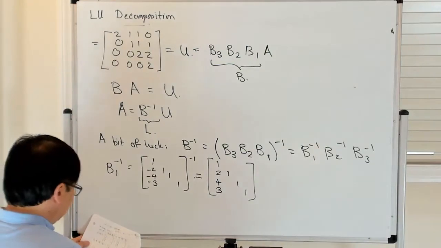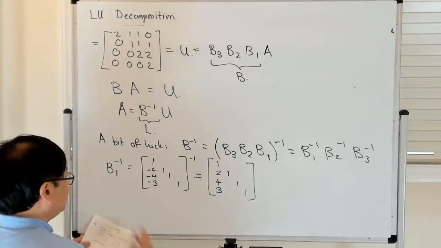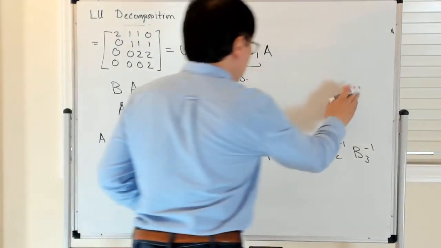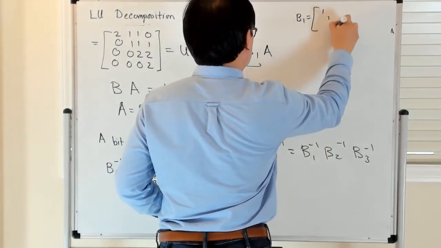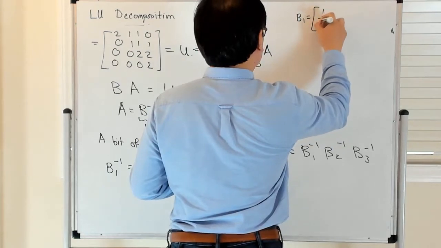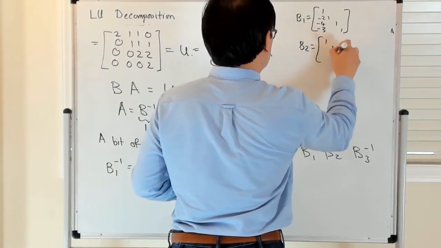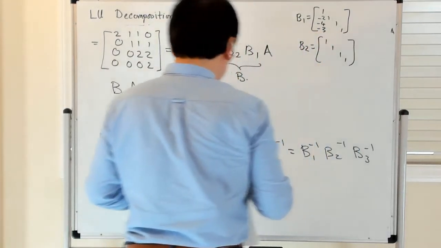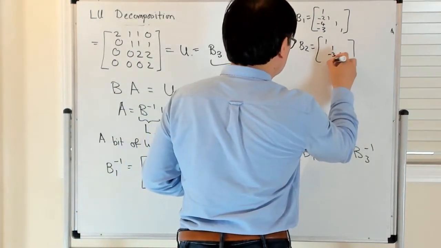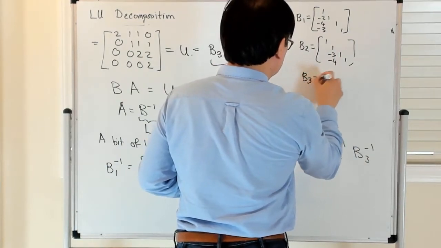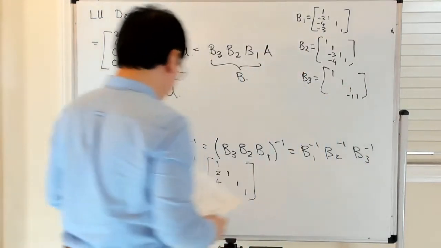And the other thing which is nice is that, let me just write down what B1, B2, and B3 were. B1 was 1, 1, 1, 1, with -2, -4, -3 below the diagonal. B2 was 1, 1, 1, 1, with a -3, -4. And then B3 was 1, 1, 1, 1, and then there's an entry here which is a -1.